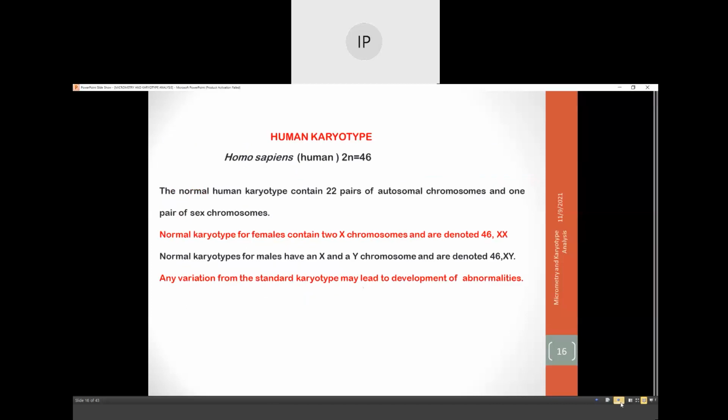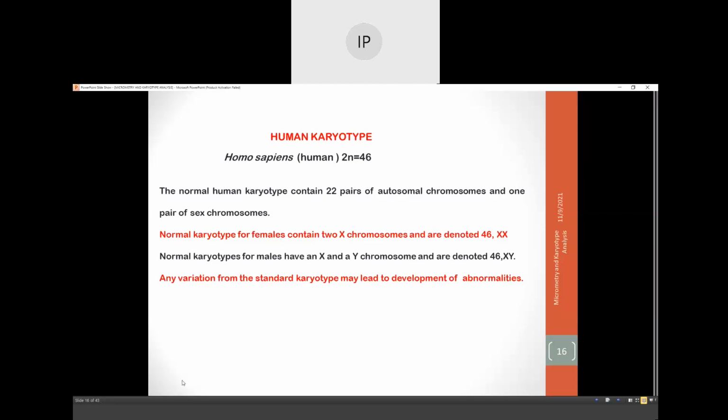Now let us know something about the human karyotype also. Human is Homo sapiens, and the 2n is equal to 46, having 46 chromosomes. The normal human karyotype contains 22 pairs of autosomal chromosomes and one pair of sex chromosomes.